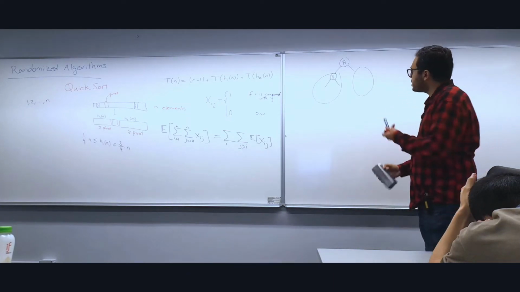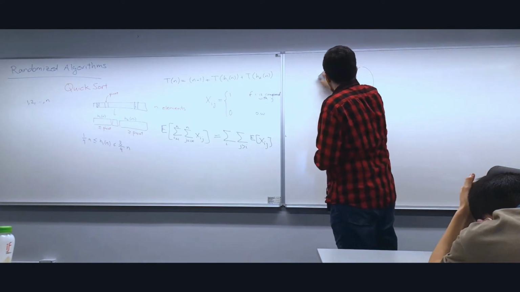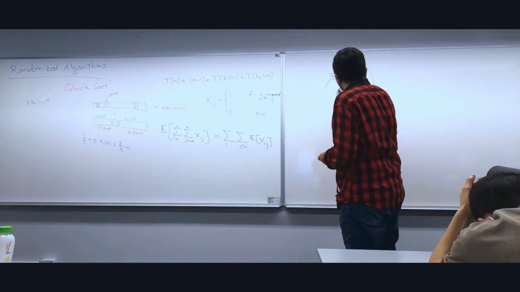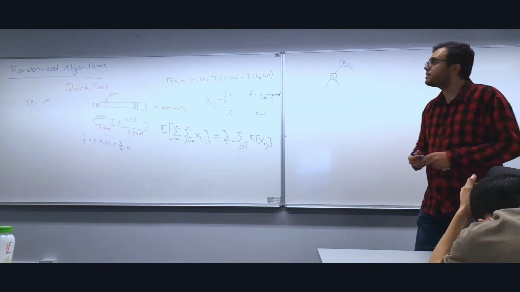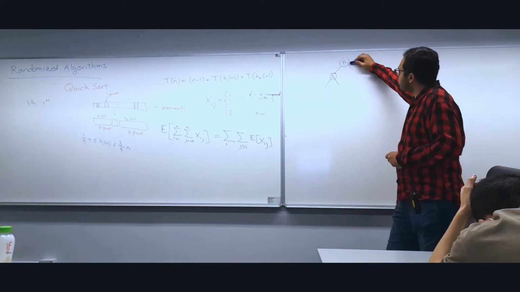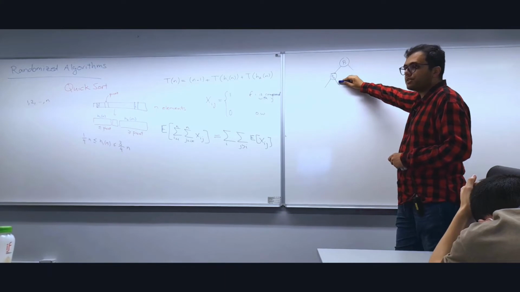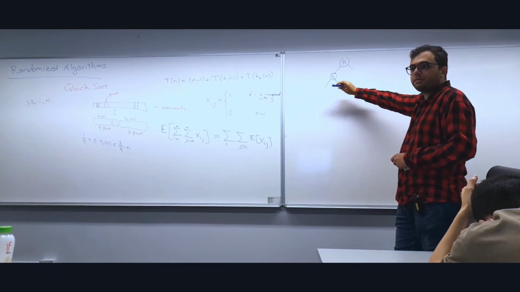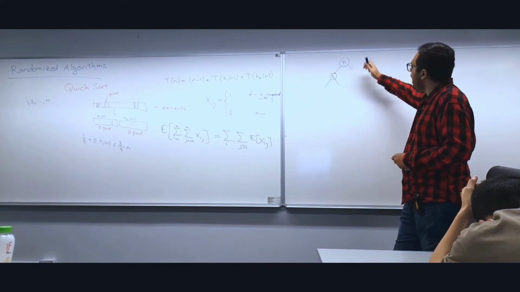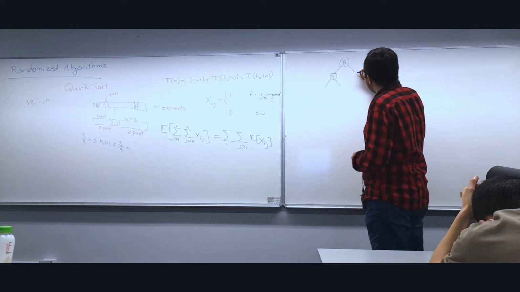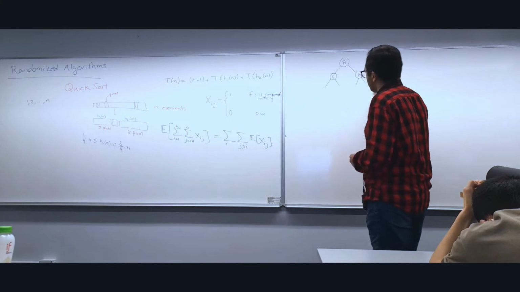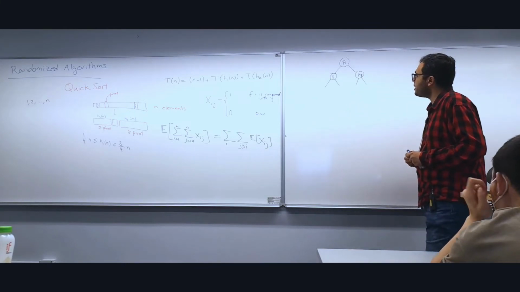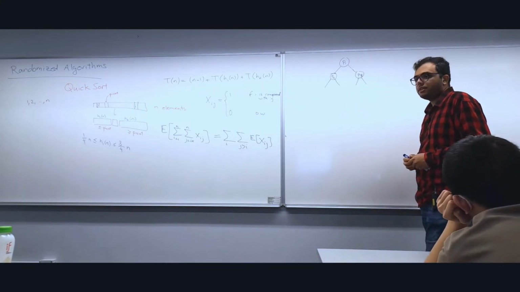Now, if I just draw this whole thing, it will give me a binary search tree, right? Because every time I had a pivot, I put the elements that were smaller than it to the left of my pivot. And I had elements that were larger than it, let's call this one P3, and I put them to the right. So now I have a binary search tree.